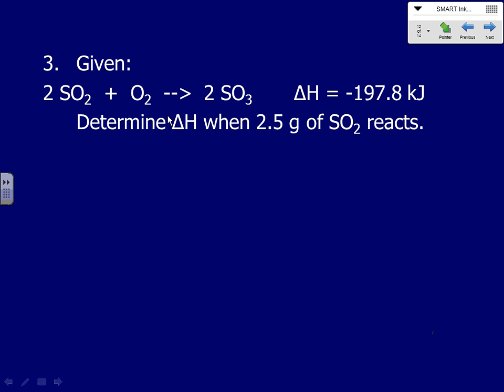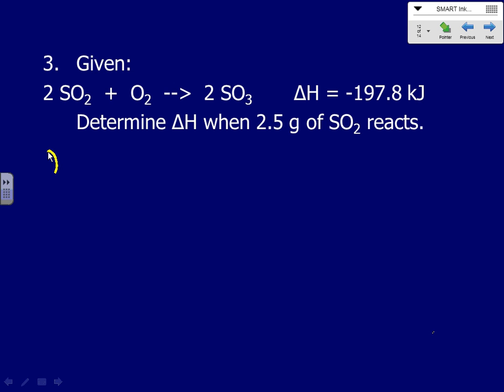Okay, so now let's use this. Let's find the delta H then if we have 2.5 grams of SO2 to react. Now this goes back to our review on stoichiometry. This is where I need you to think in terms of steps. In the end, I want this total delta H, but instead of 2 moles of SO2, I've got 2.5 grams of SO2. Well, eventually I got to get to moles so that I can eventually get to my energy. Which means we're definitely going to need some moles of SO2.